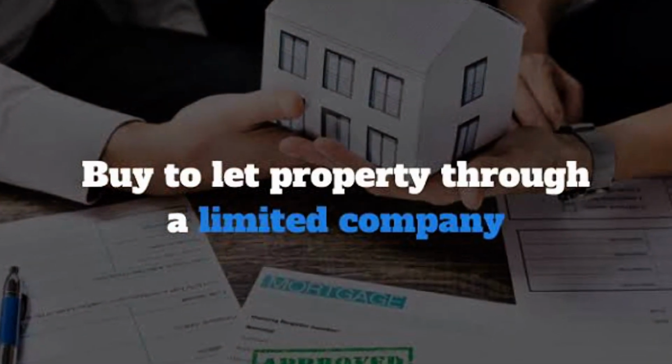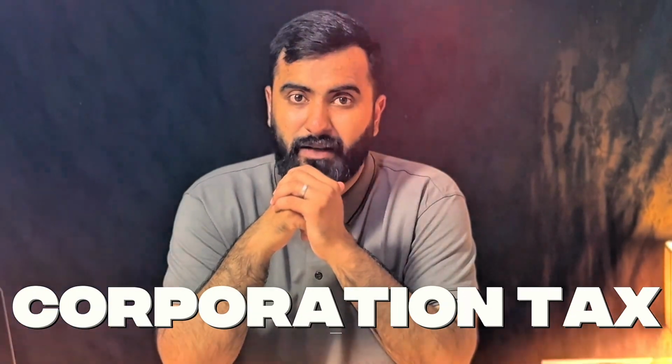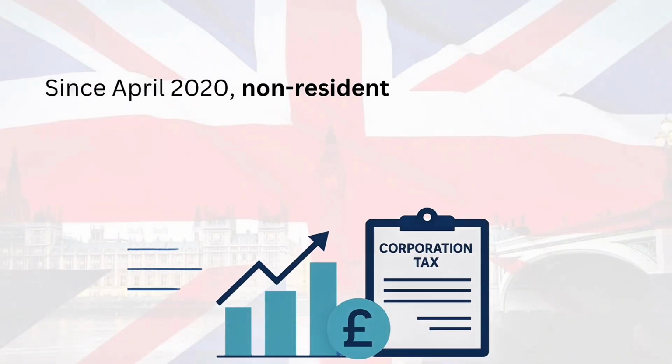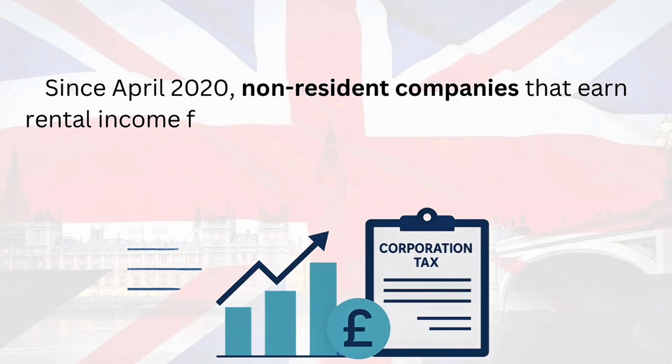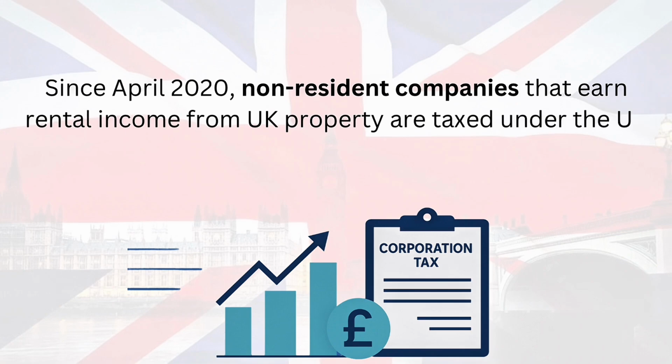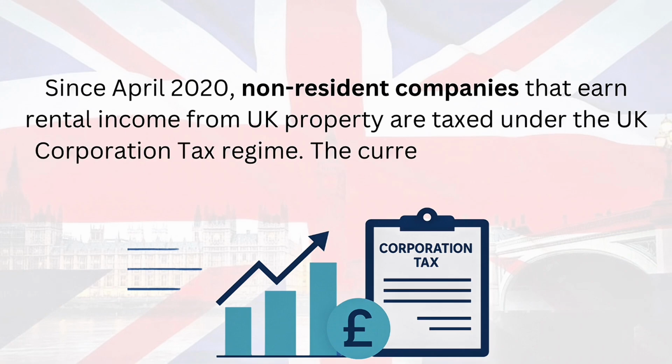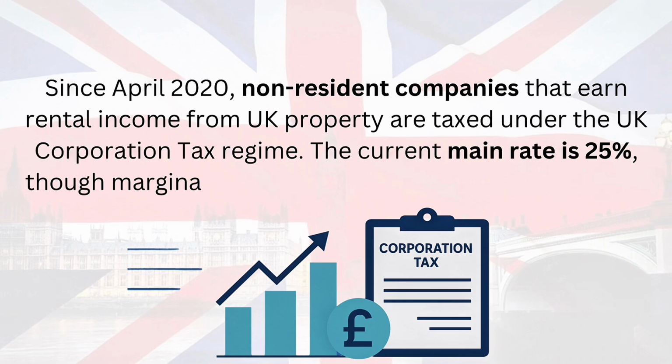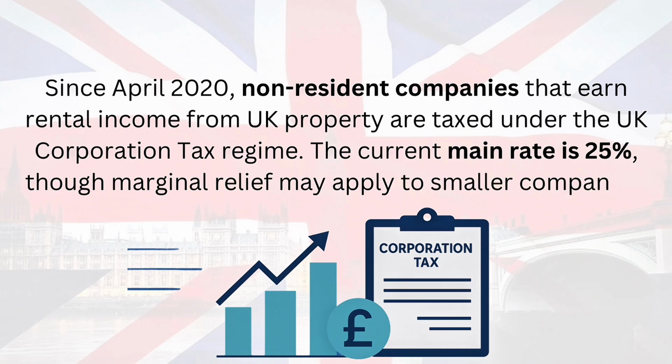And if you are investing in properties through your limited company, then the tax landscape will change. Now, let's look into the corporation tax side. Since April 2020, non-resident companies that earn rental income from UK properties are taxed under the UK corporation tax regime. The current main rate is 25%, though marginal relief may apply to small companies.